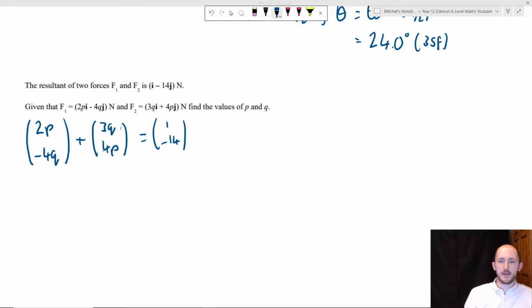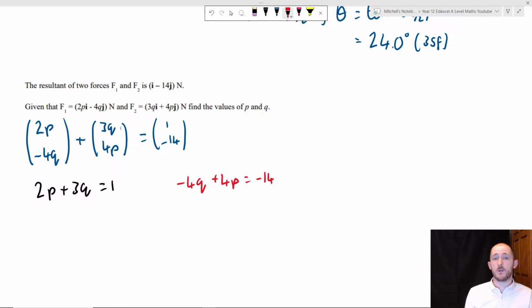Now the problem here is that in each column, so if I write these out as separate equations now, we have 2p plus 3q equals 1. And then we also have minus 4q plus 4p equals minus 14. So we have two unknowns, but we also have two equations. So what we can do is use simultaneous equations to work out the answer.